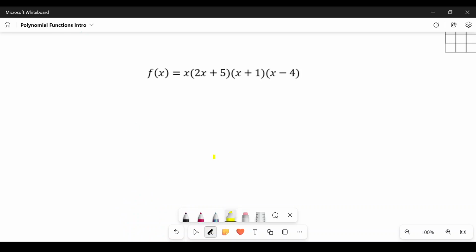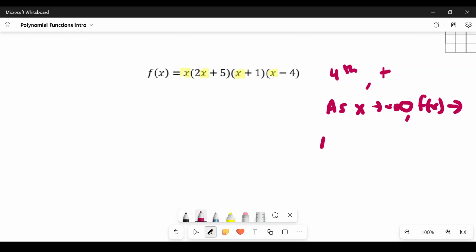This is a 1, 2, 3, 4th degree polynomial. And if I were to multiply x times 2x times x times x, I would have 2x to the 4, which is positive. So for the end behavior, as x approaches -infinity, the function approaches something, and as x approaches positive infinity, the function approaches something.